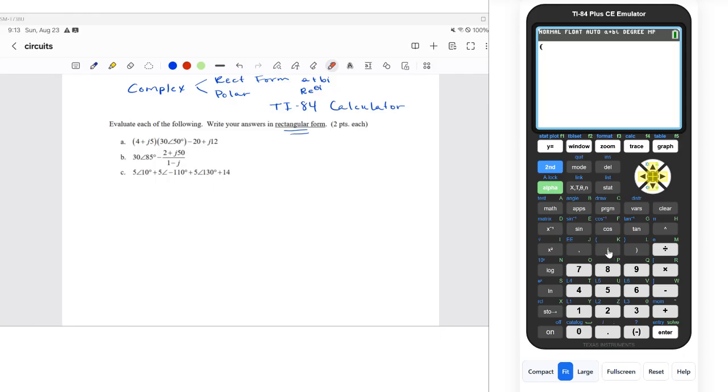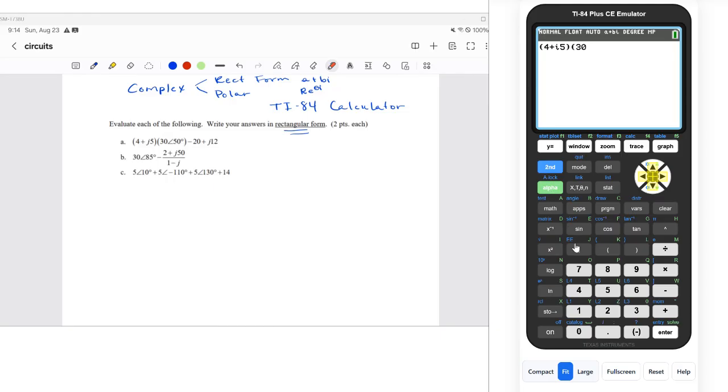So I'm going to do parentheses 4 plus J5, where we use I on the calculator, I5. I is the second in the decimal point. Close my parenthesis. And now I have it in polar form. So I'm going to do parentheses, and the 30, and I'm going to use that conversion number that I saved.